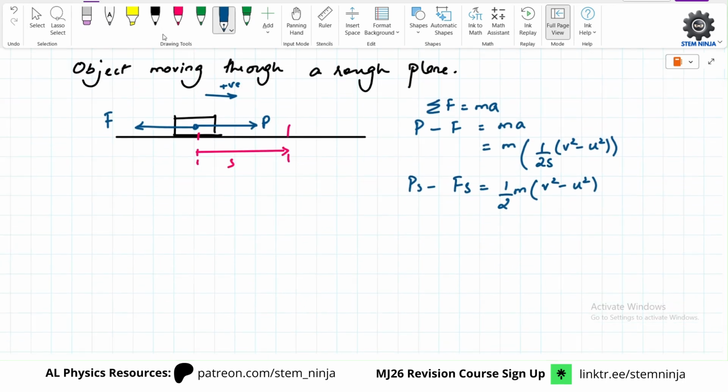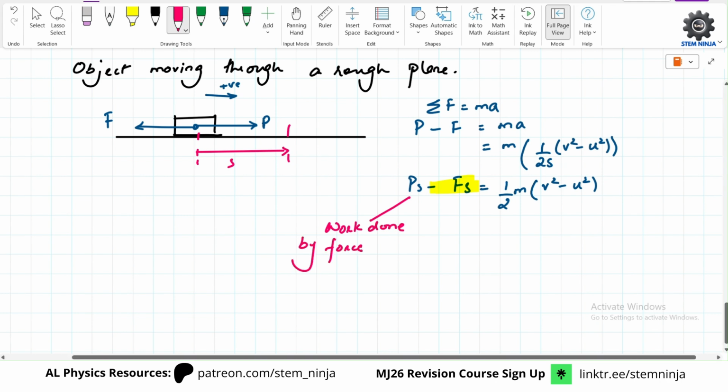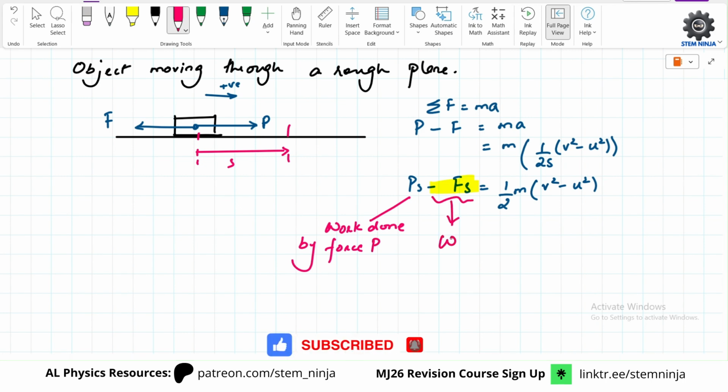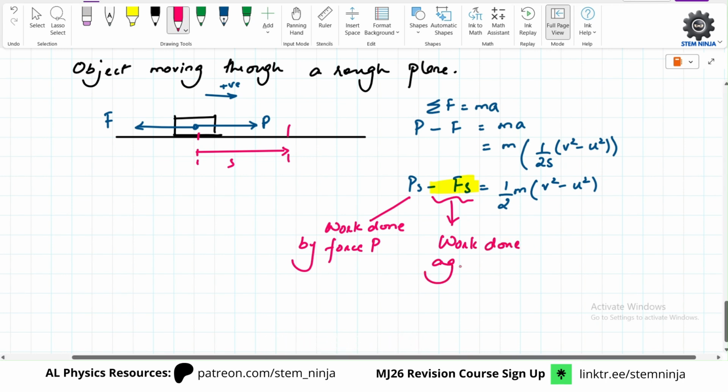So notice one thing over here, this part. This is your work done by force P, and this negative one implies you are doing work against force F, or friction.